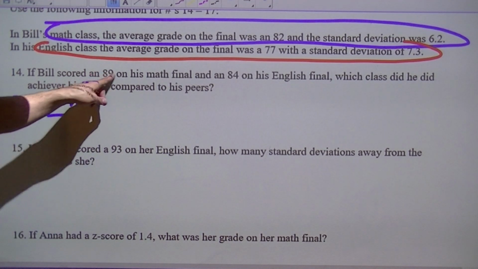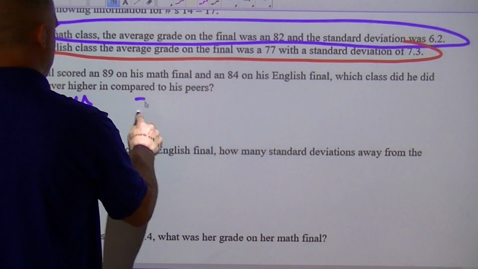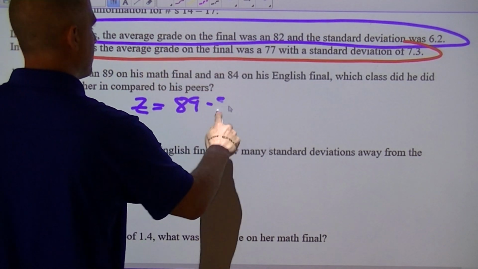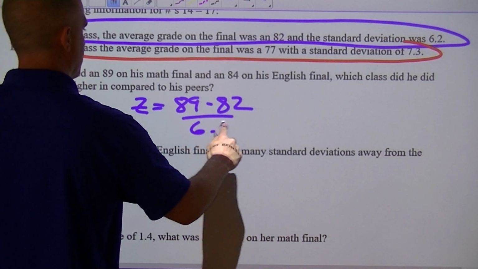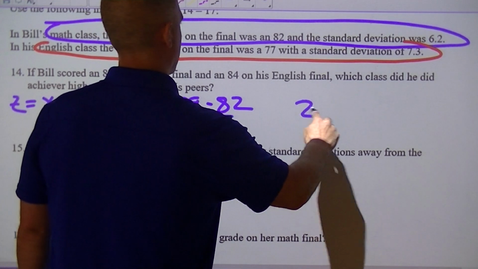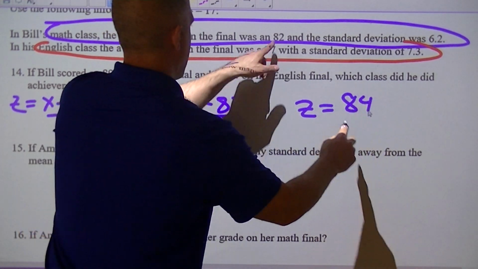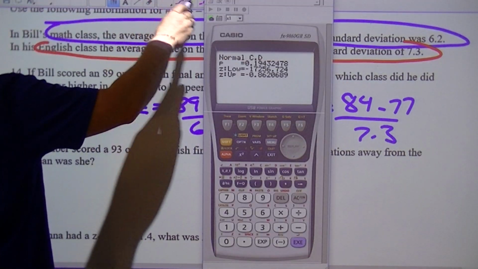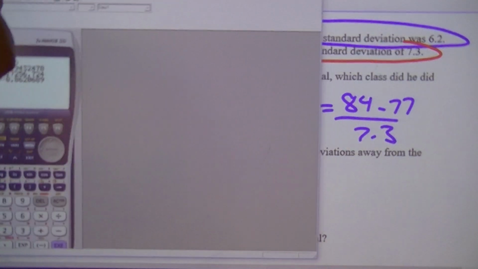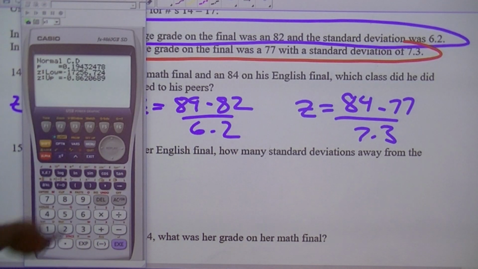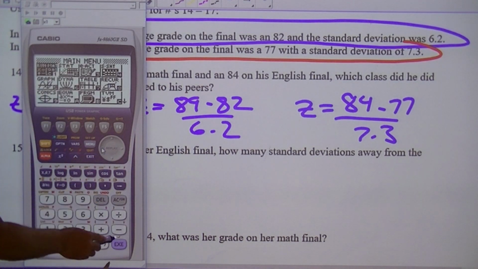So 89 on his math final. The average was an 82, standard deviation was 6.2. On English, he got an 84 when the average was a 77 and a 7.3. So when all those numbers are on one side, you can just type those into the calculator and you get your answer.